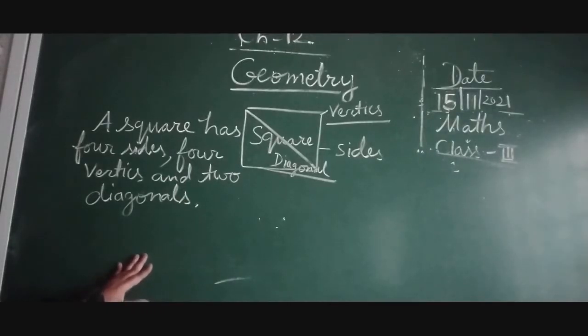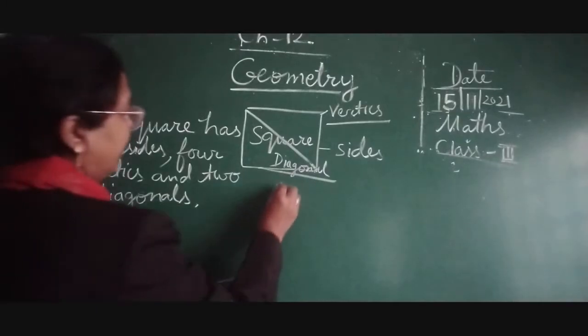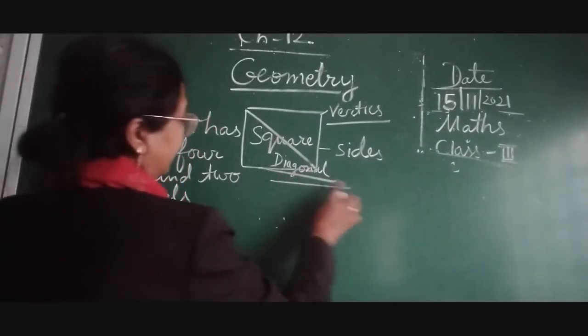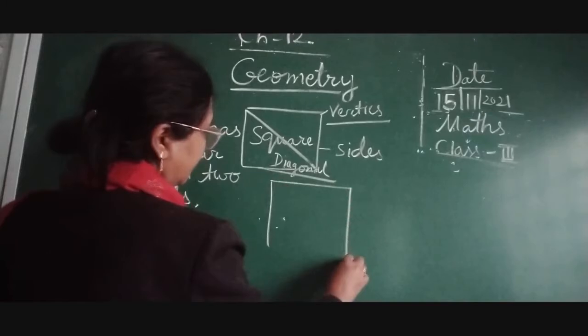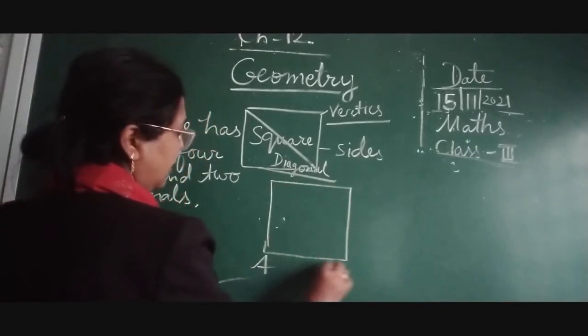Now how can we represent this square? So ABCD. AB, so we will represent this square. I am going to draw again AB.